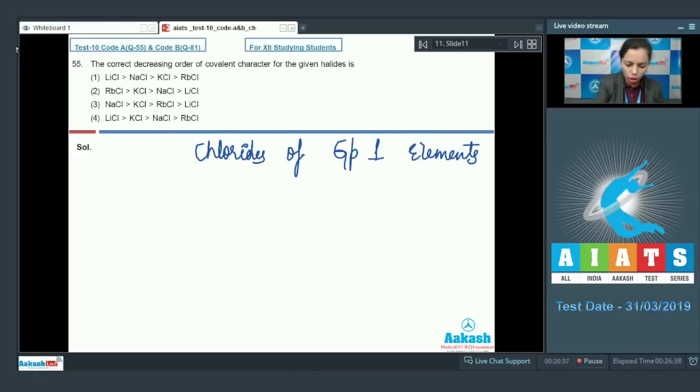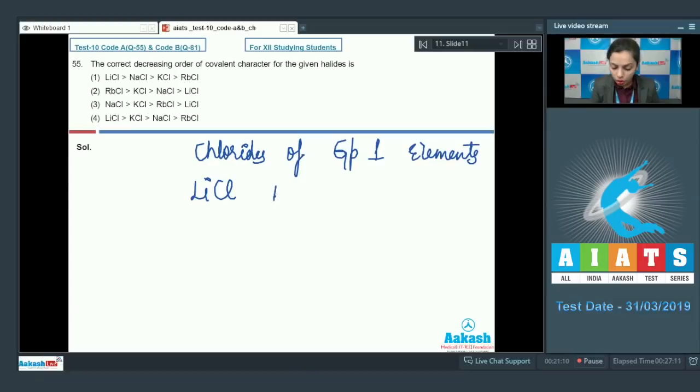So simply, if I talk about lithium chloride, the lithium ion is the smallest ion and it would have more polarizing power because this is the smallest sized cation, and that's why its halide has the maximum covalent character. So first, lithium chloride should be there.